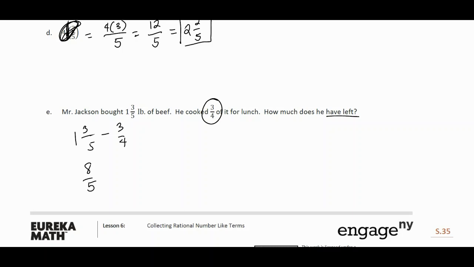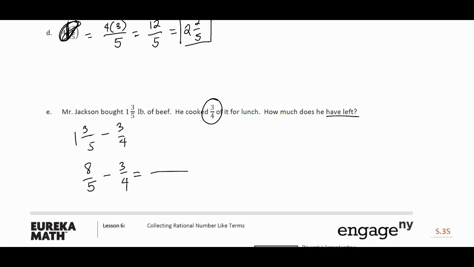So 8/5 minus 3/4. There are two ways that we can do this. We either use the butterfly method or we find the LCD. But because it's only two fractions, we can just use the butterfly method, which is what you guys are used to.